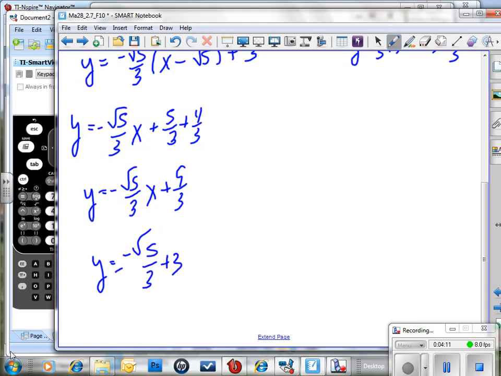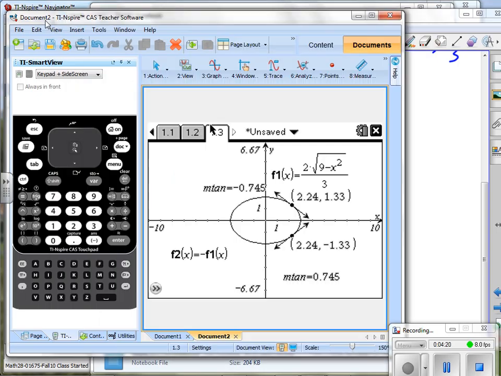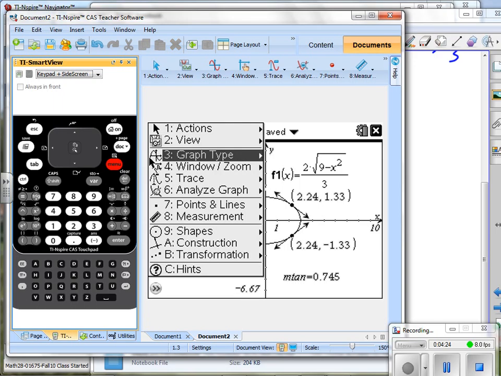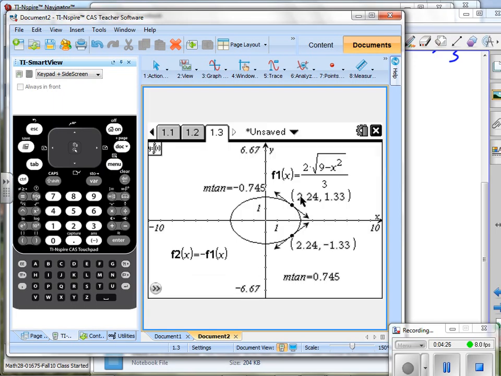Did we get that as an equation for the other line on the Inspire? I don't think we figured that out yet, did we? No? We can do it though. So we go to Menu, Actions, Coordinates and Equations, point to that. There's that equation. Point to that. There's that equation.